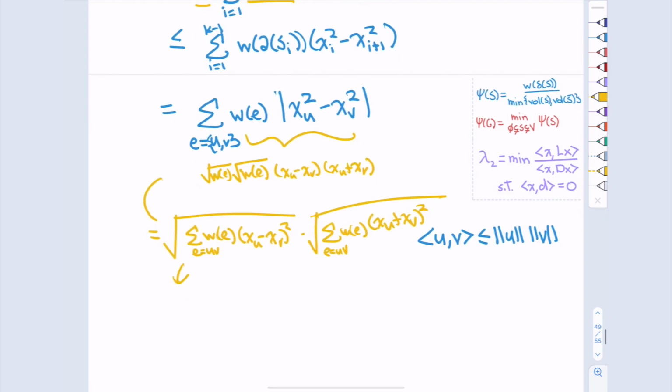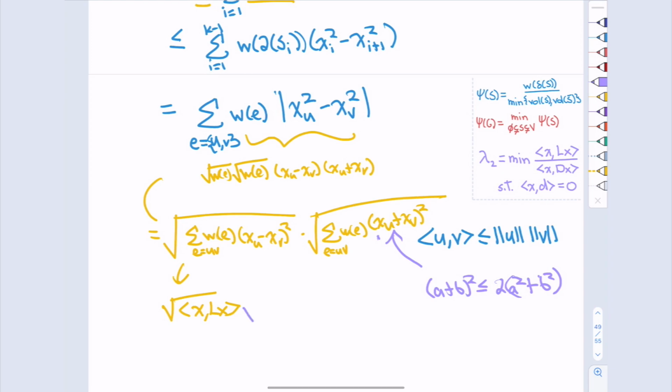Now this term can be written more compactly as x L x. And for this term, first of all, a plus b squared is less than or equal to 2 times a squared plus b squared.